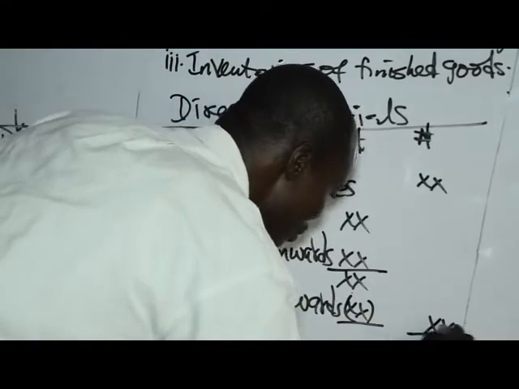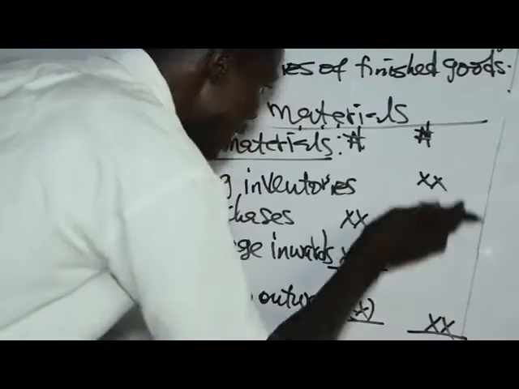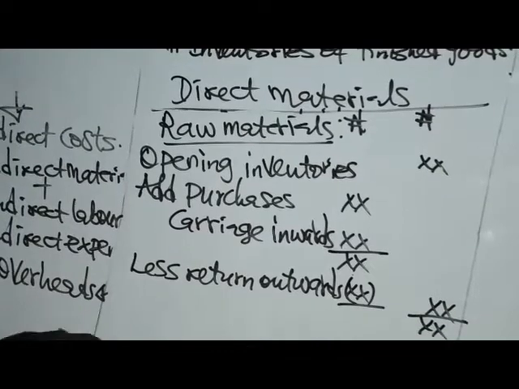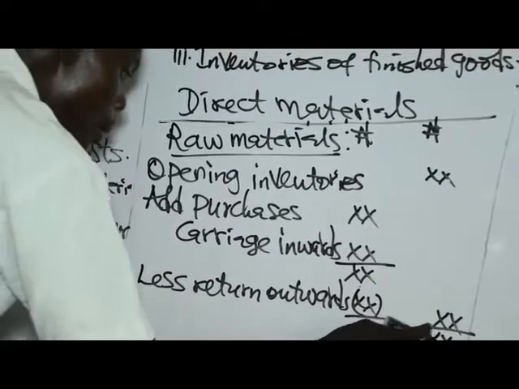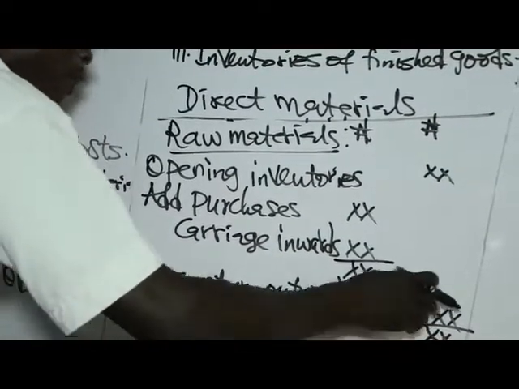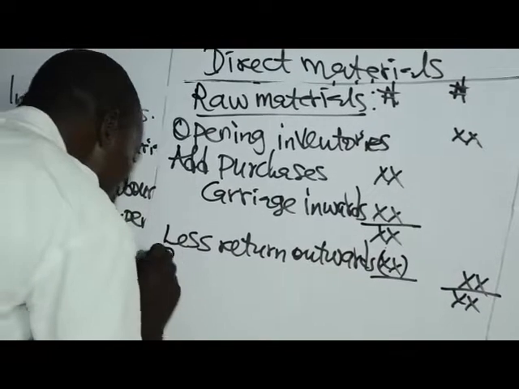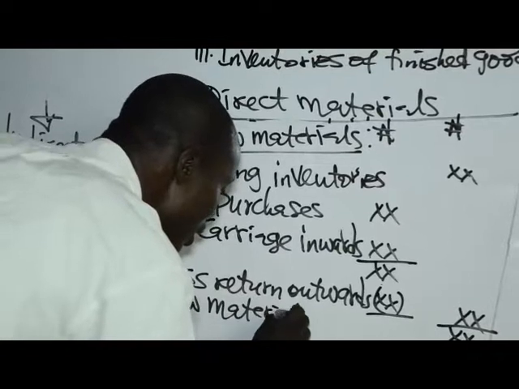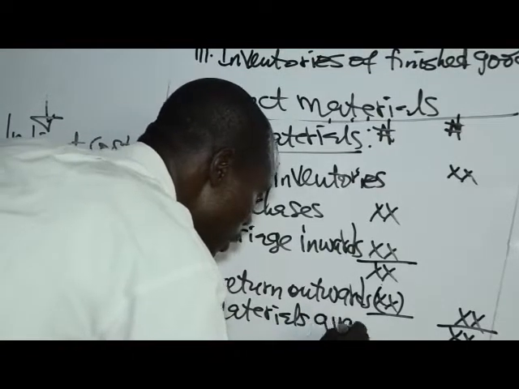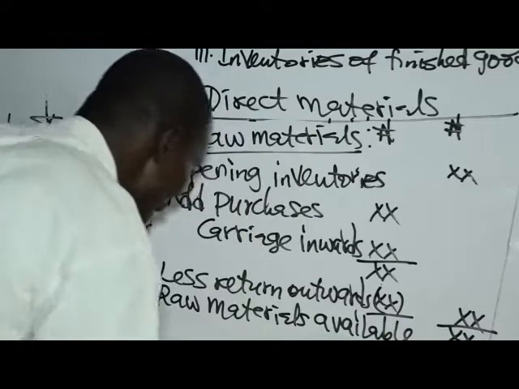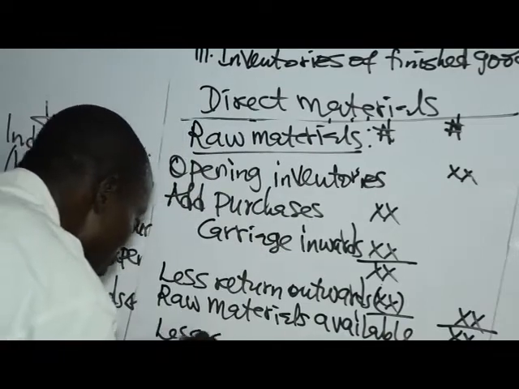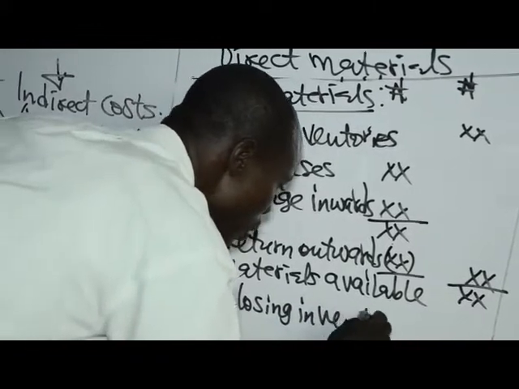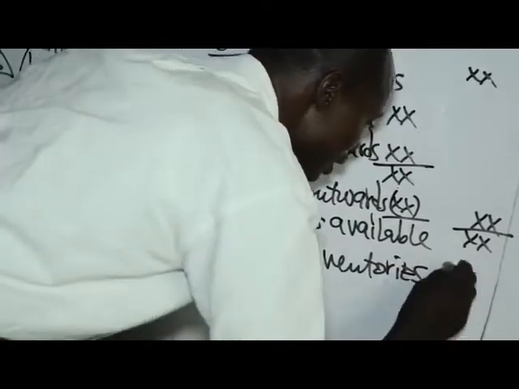By the time you less that, you have this. If you add this to opening inventories, you have this as the value. This is raw materials available for production. Now less closing inventories of raw materials.